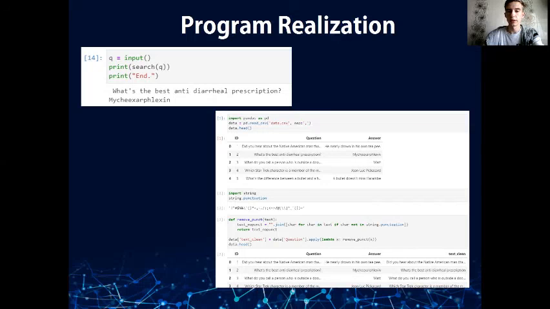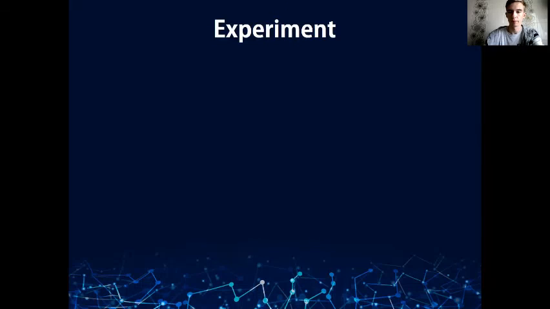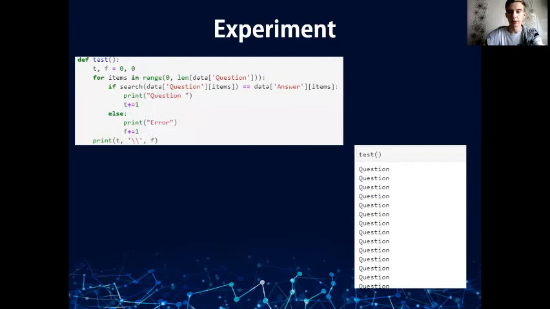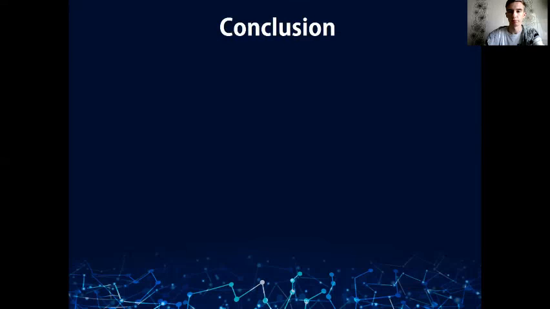Also, you can see the realization of this code and the result. On this slide, you can see the experiment of the program's work, which checks the correct answer to each question from the dataset file. As we can see, the program works properly.